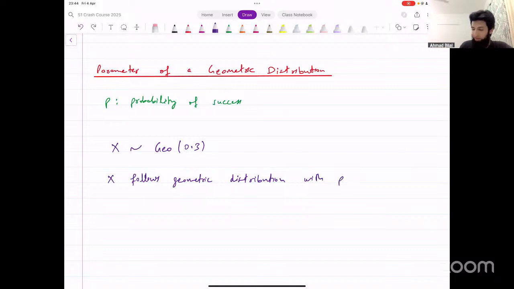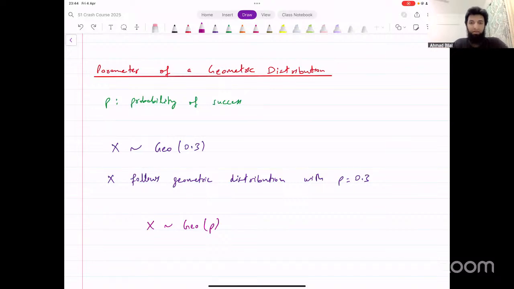And that's the notation that they sometimes use for geometric distribution that you need to be familiar with. So in general, you can say you have x and then tilde. Inside the number that's written, that always represents the probability of success. So if they have something written like this, remember the number inside the bracket, that would represent probability of success.